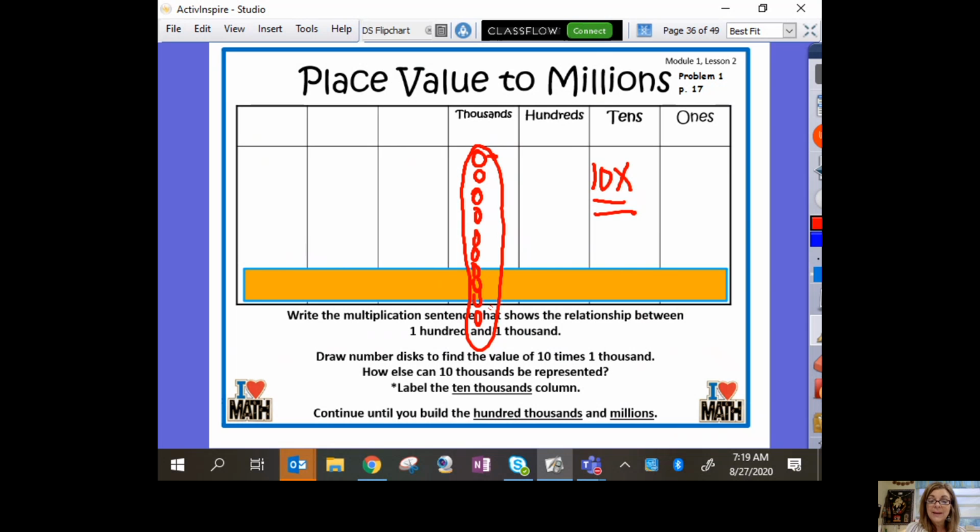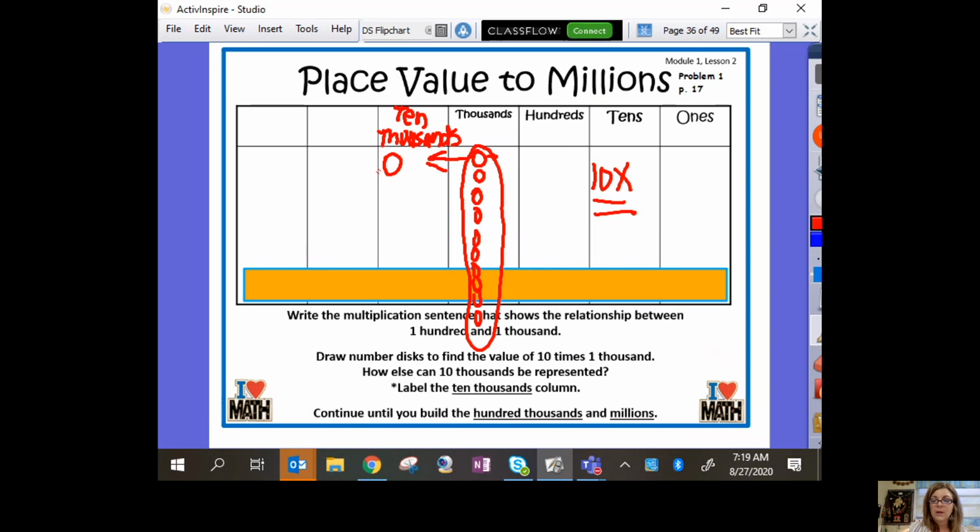So what unit would come next? Right, 10,000. So we're going to come over here and label this in our place value charts. Now I have a 10,000 column, so I can move those over here to represent one 10,000.